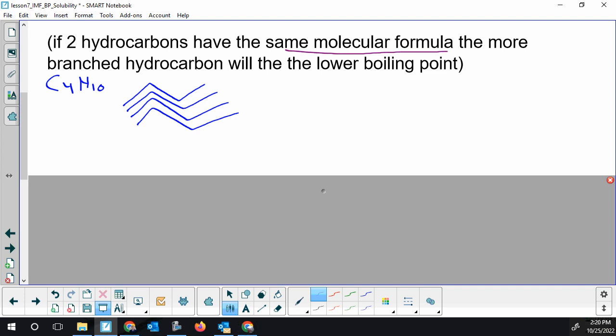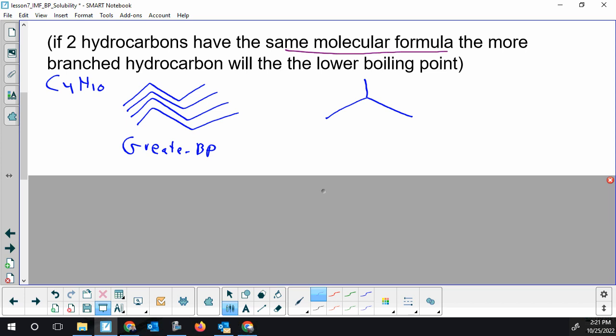So this would have a greater boiling point compared to the branch version that I'm going to do. The branch version, the molecules are going to be further apart, and the forces will be weaker because of that distance. So that's the straight chain. I'm going to do methyl propane. 1, 2, 3. Then I have to stick in a branch to get C4H10.